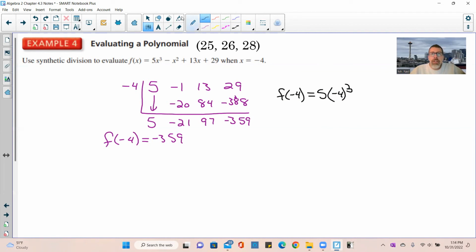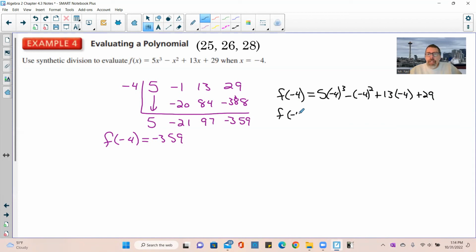It's an ugly 3. Negative 4 cubed. 5 times negative 4 cubed minus negative 4 squared plus 13 times negative 4 plus 29.